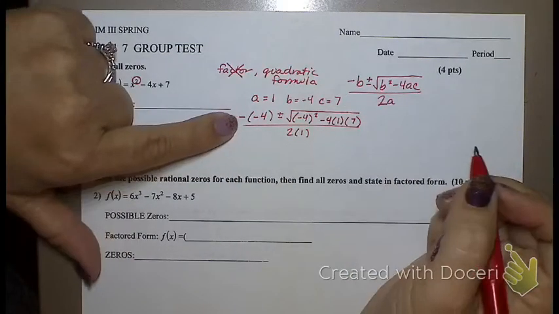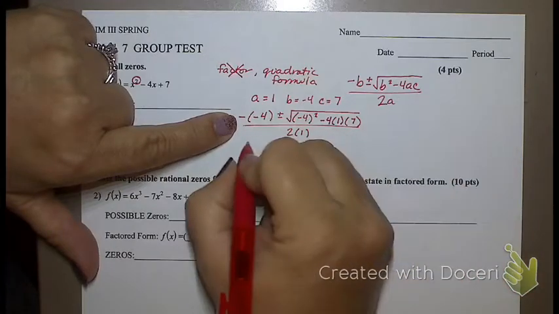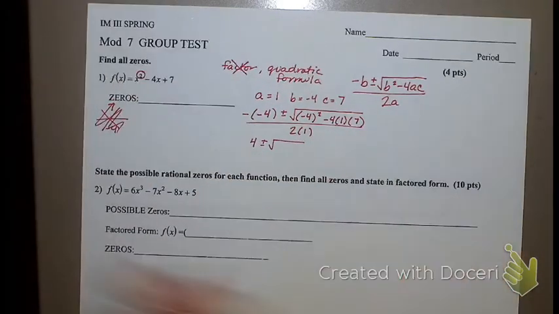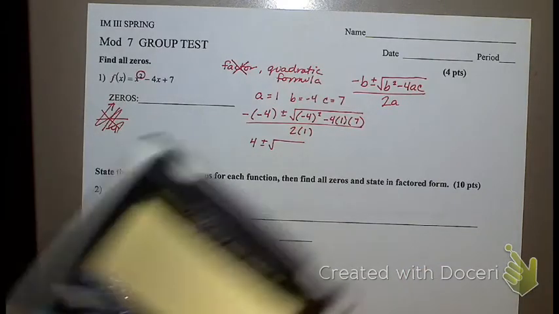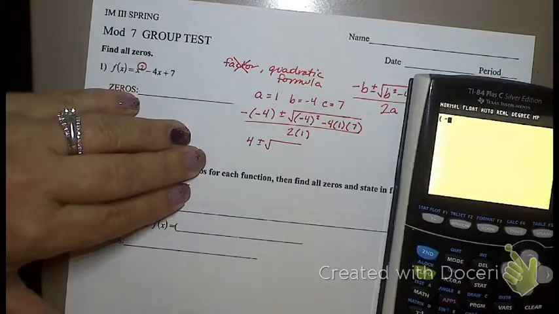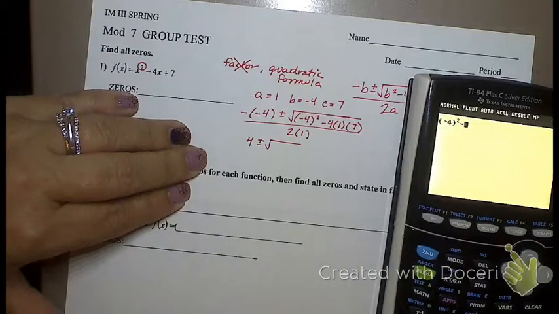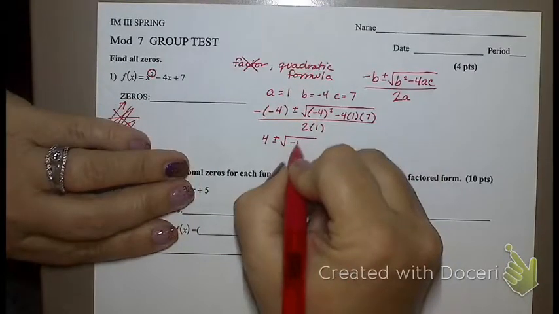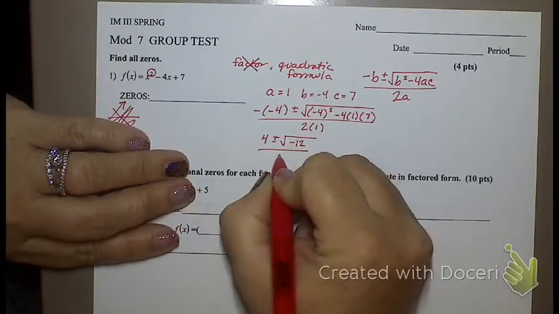What happens to -4? Becomes a +4. -4 squared minus 4 times 1 times 7 is -12. All over 2 times 1 is 2.